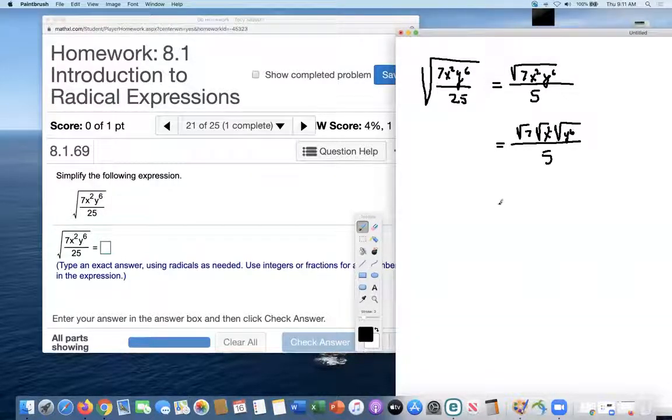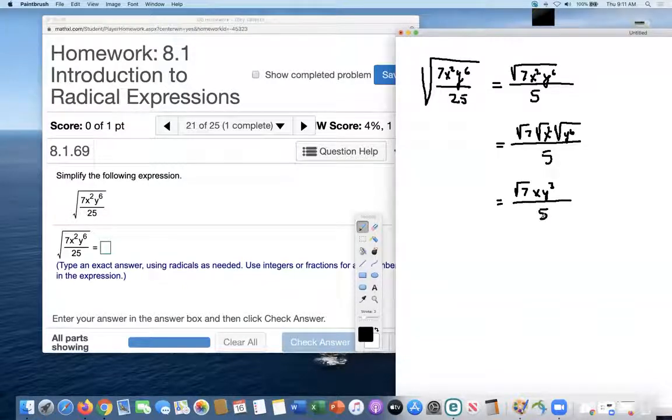Square root of 7 is what it is. Can't do much with this. And the nice thing is that these are even exponents. I could take half of 2, which is 1, exponent 1, and this is y cubed, and over 5.